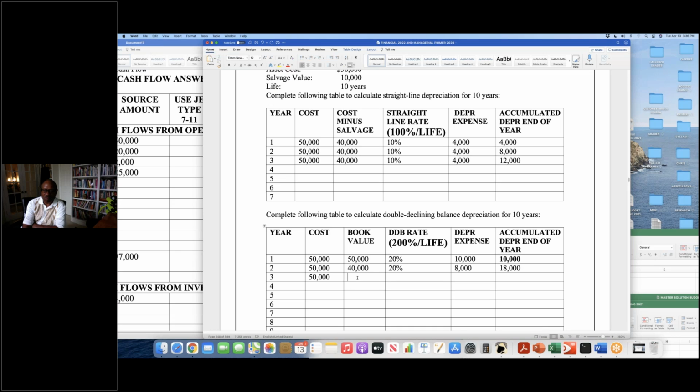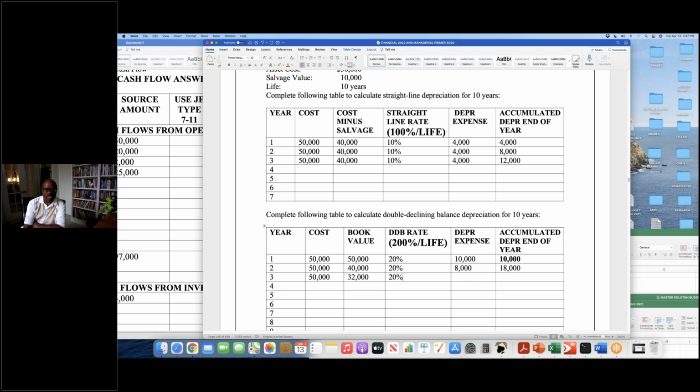It's not 30. Isn't it 32? Yeah, 32. It might be easiest to come up here to the accumulated amount and subtract. You can do it several ways. So I just take what's on this line for the prior year and subtract it. Still at 20%.